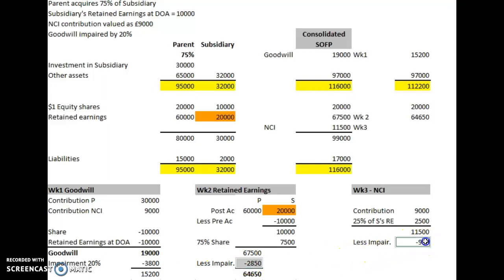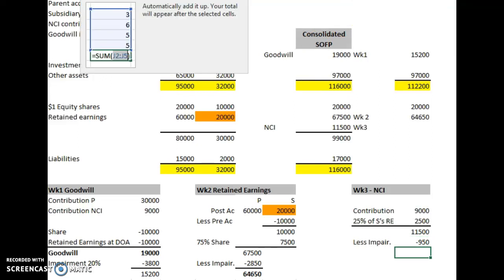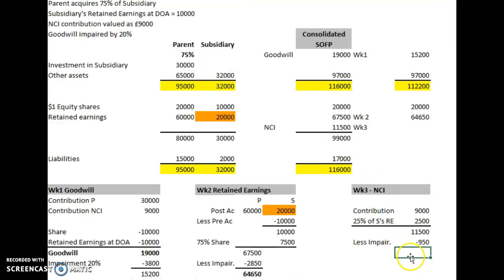Just cross cast to check we've got the numbers right. 2,850 plus 950 is 3,800, so that's all looking good. We'll add these up, plus 1,150, plus the impairment is 10,550. So instead of 11,500, we're going to have 10,550. Move that into there.